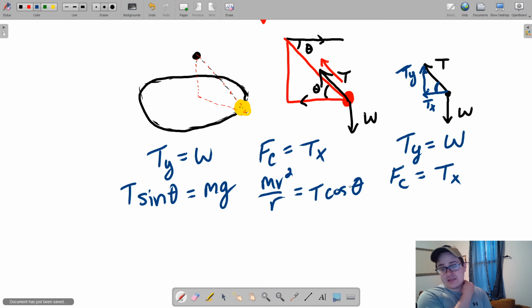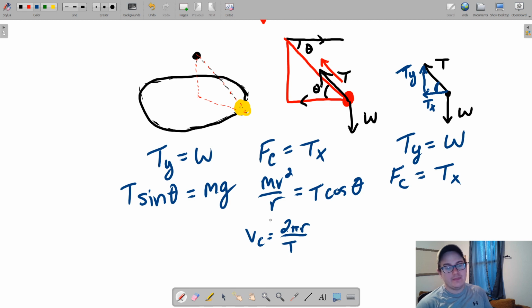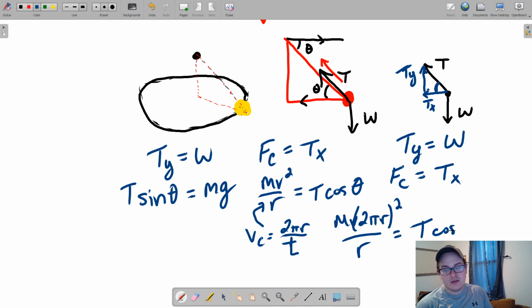But anyways, you can unpack this just a hair bit further. We know that velocity equals 2 pi r over T. Be careful not to mix this T with tension. This is the period, so I'm going to write it as lowercase t. We can plug this in right up here and get m 2 pi r squared all over r equals T cosine of theta.